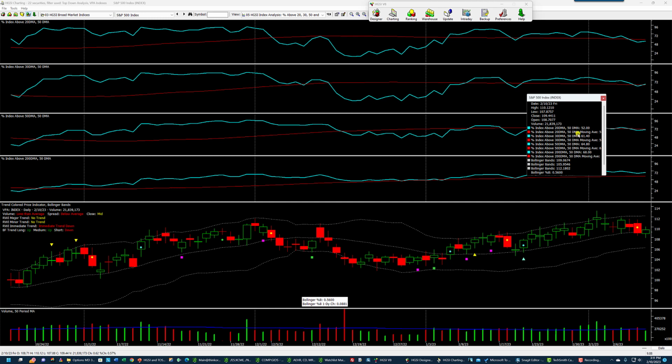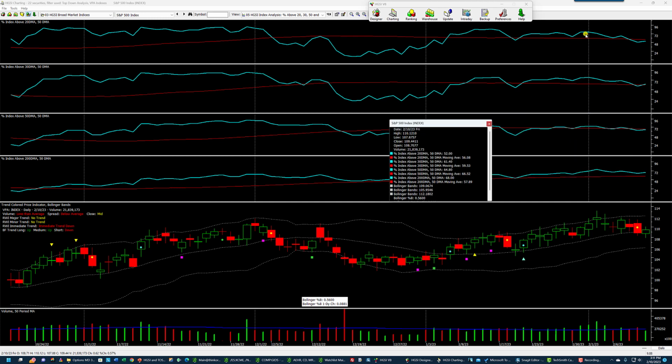Let's just go up to the top. The percent above the 20 is 52, above the 30, 61.4, above the 50, 64.8, and above the 200, 68. And that corresponds with where these lines are.